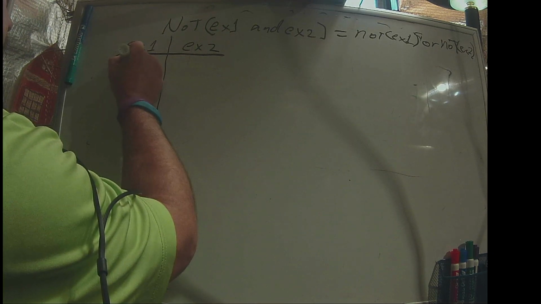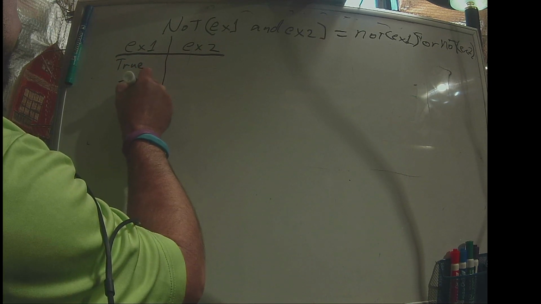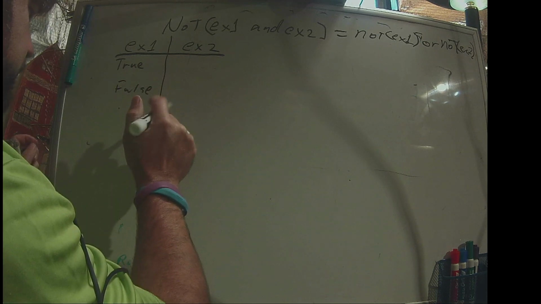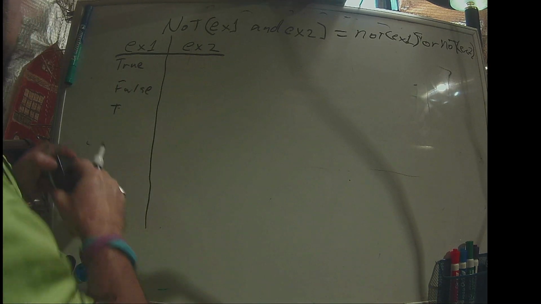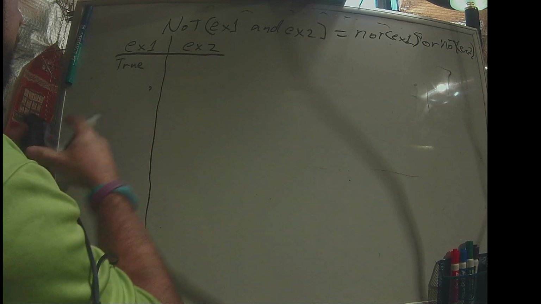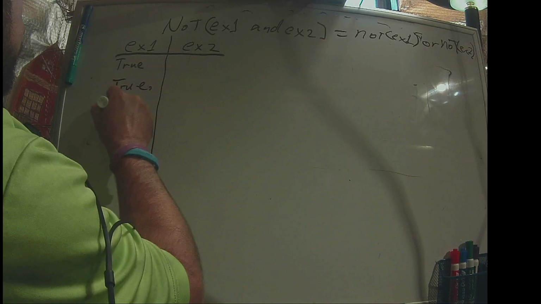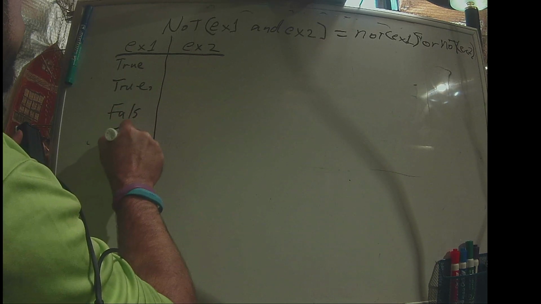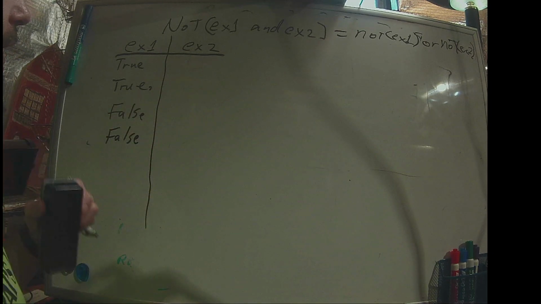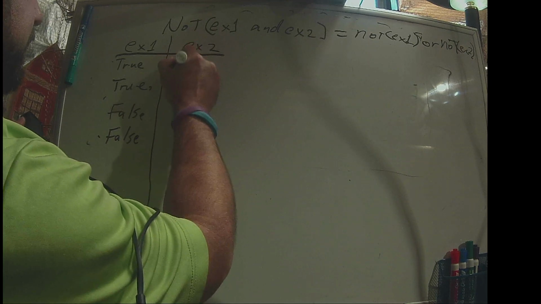The way to do that is you go true, false. Well, we'll go the other way. True, true, false, false, and this is for two variables. There are only 4 possible combinations.